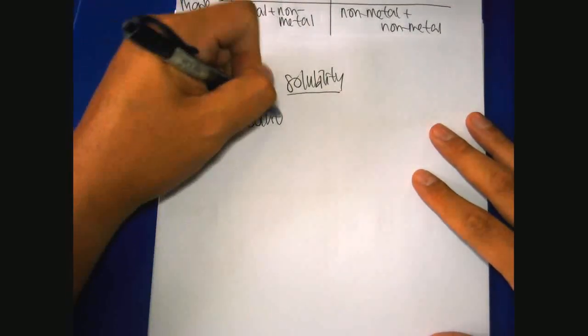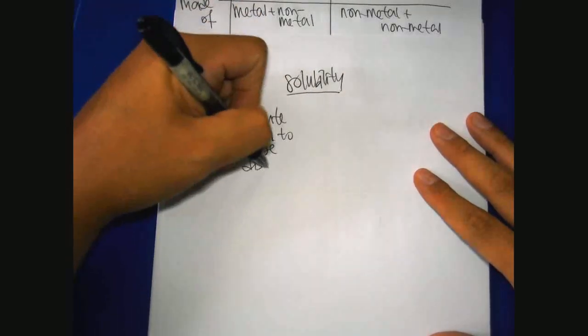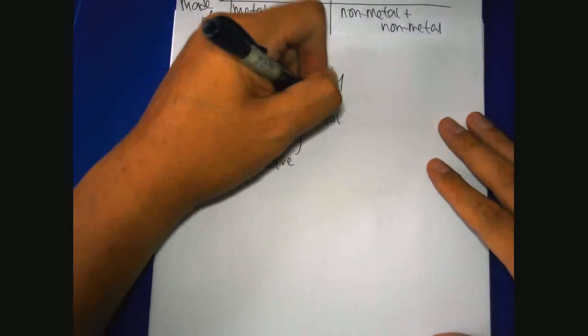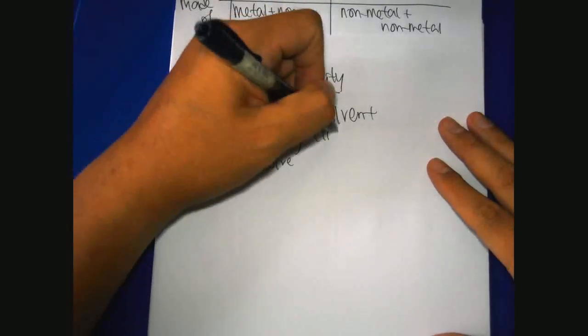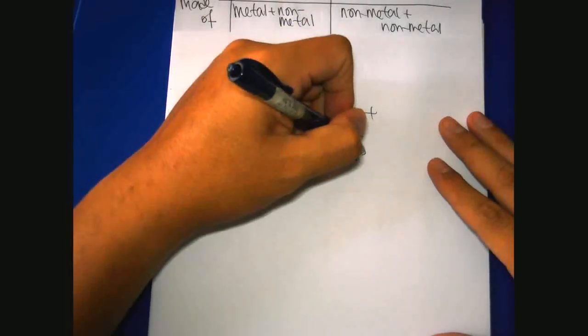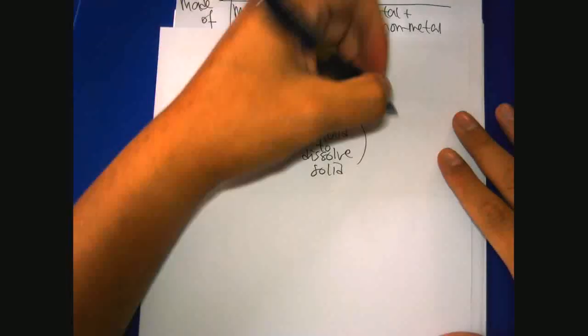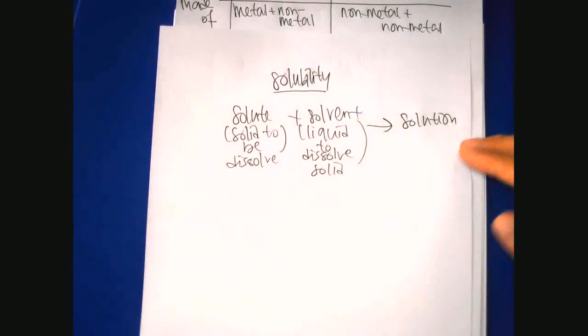A solute is the solid to be dissolved. You add it to a solvent. Solvent is a liquid used to dissolve the solid. If a solid plus the solvent, you get a thing called a solution. A solution is the final liquid outcome.